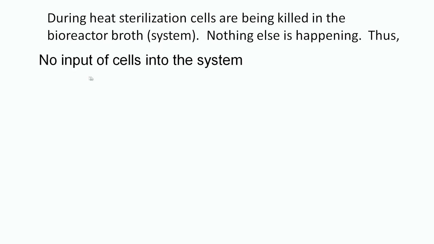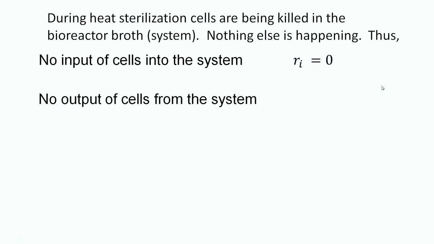Nothing else is happening. There is no input, there is no output. Therefore, the rate of input of cells, mass of cells into the system is 0. There is no output of cells from the system. The rate of output of cells, again mass of cells or number of cells, is 0.